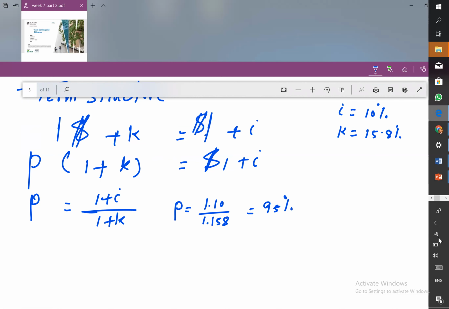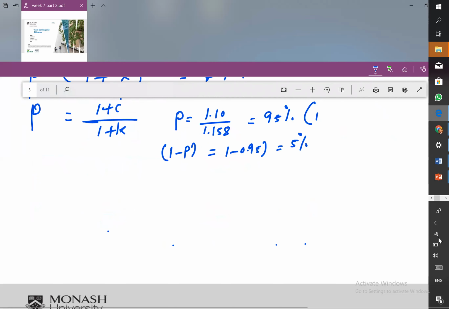So if the probability of payment is 95%, the probability of defaulting, which is 1 minus B, will be 1 minus 95%, and should be 5%. This is the whole issue. If you want to draw it, it's just like this.